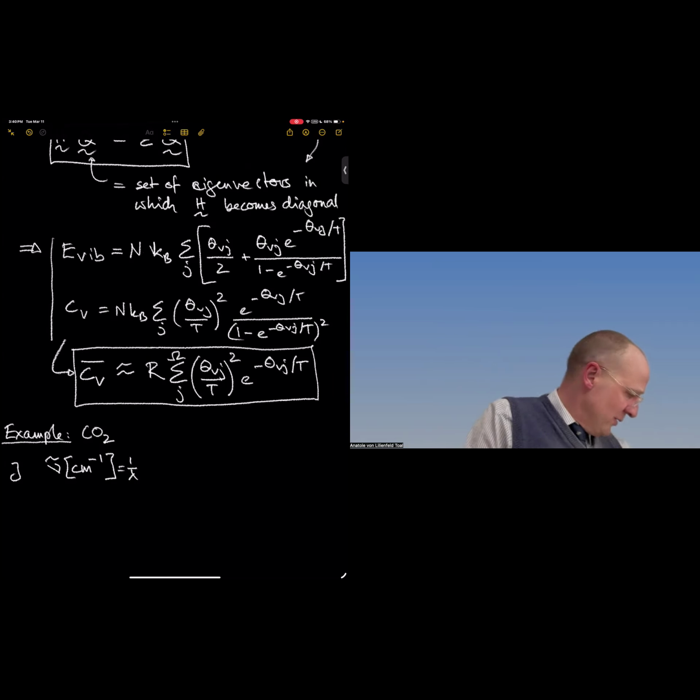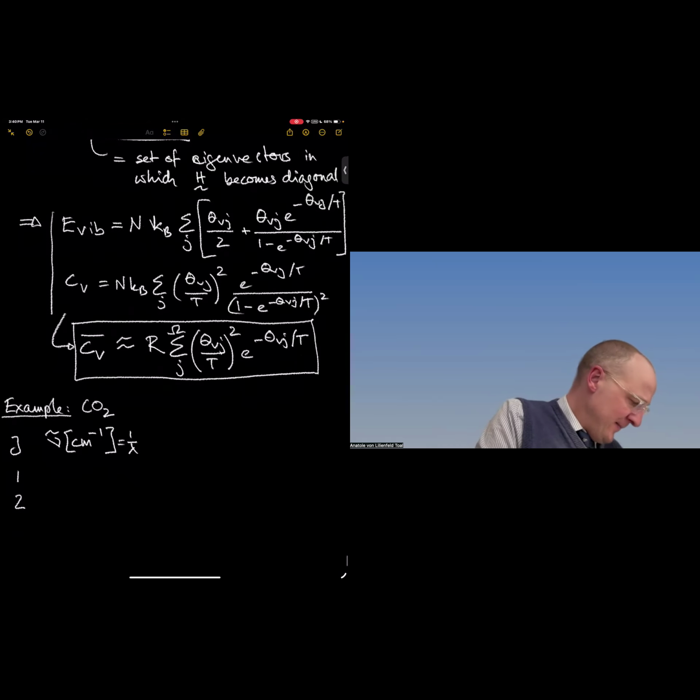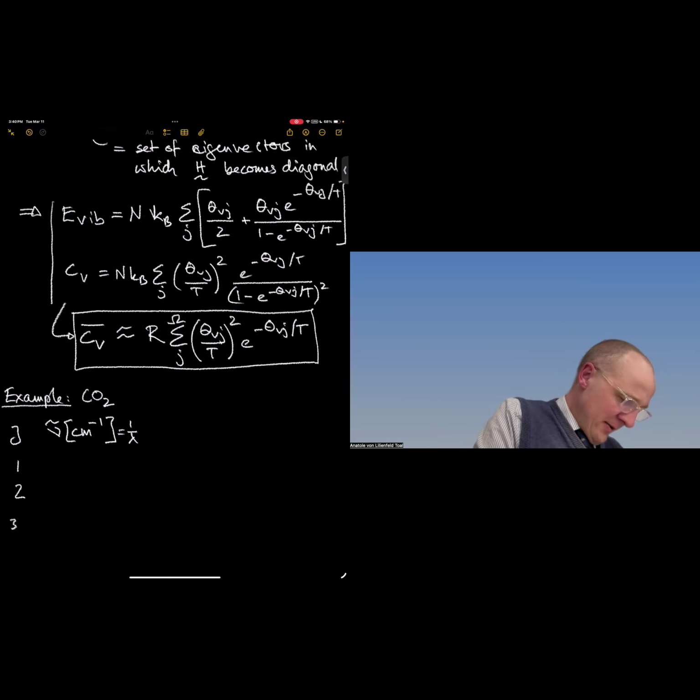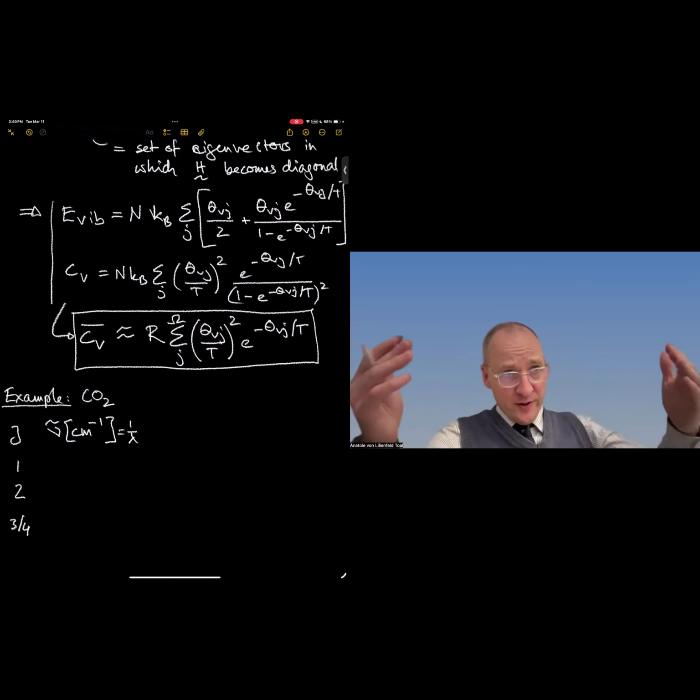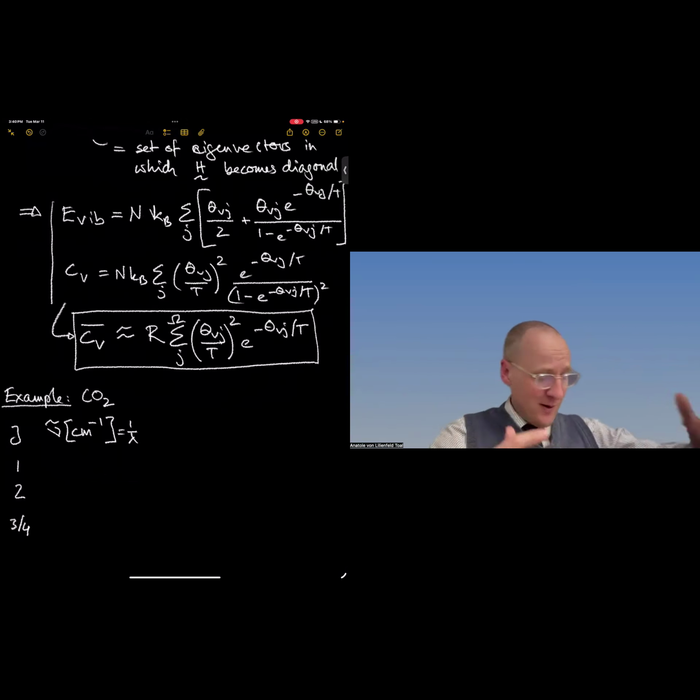Now, CO2 has three atoms, and so we observe 1, 2, and then there's a third, fourth mode, which corresponds to a bending mode. So we go away from linearity.